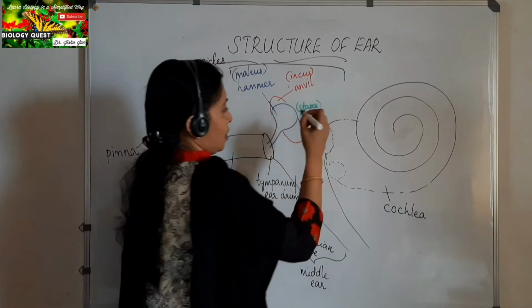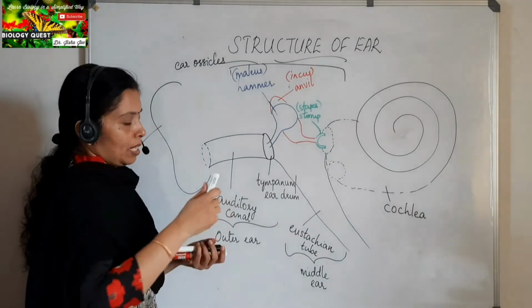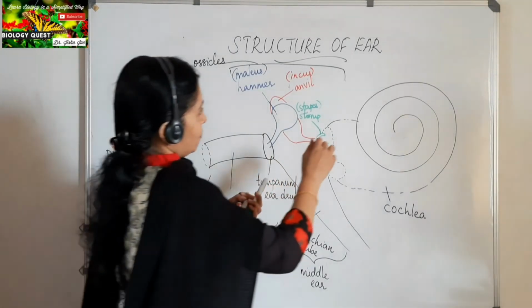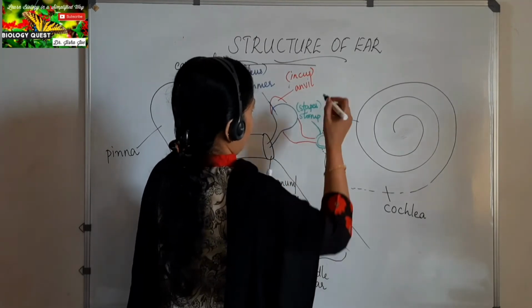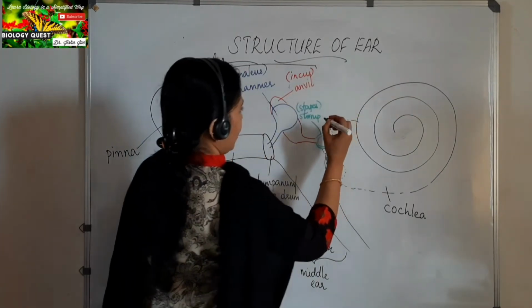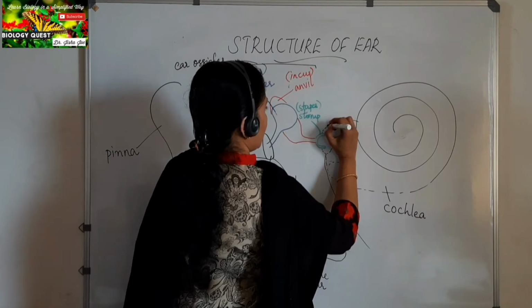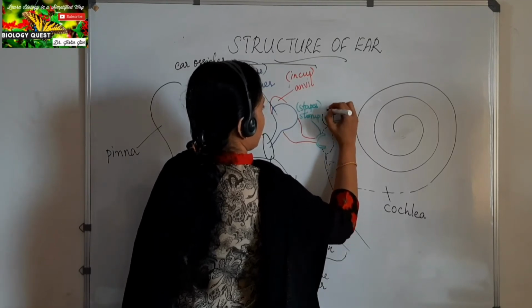There is another part for the inner ear, that is the semicircular canal. The semicircular canal is attached to the cochlea. A set of 3 semicircular canals are present.